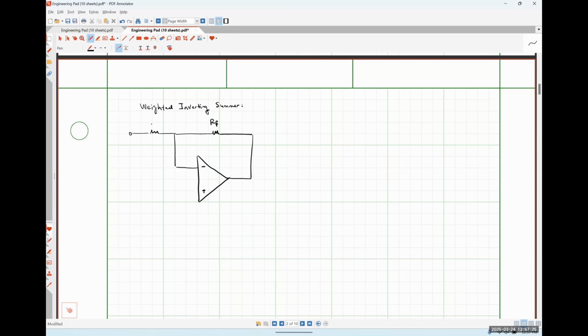So I'm going to have a resistor R1 here, and it's going to have a corresponding input V1. And then I might have a resistor R2 that has a corresponding input V2. And I might have a resistor R3 that has a corresponding input V3, and so on and so forth.